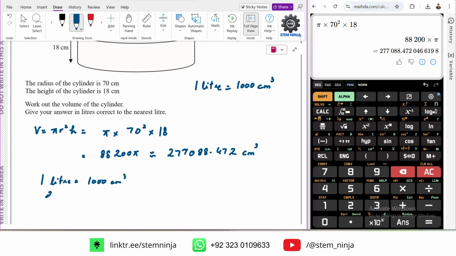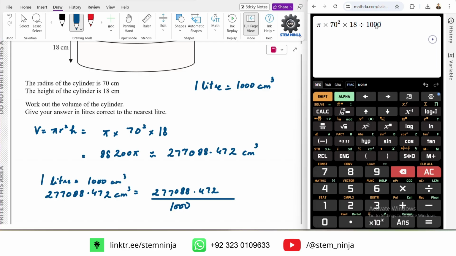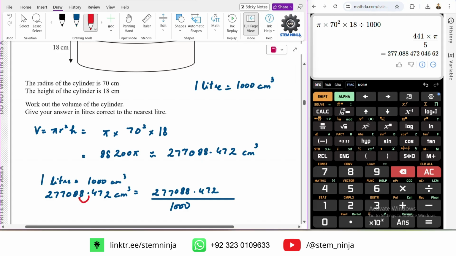So in liters, this would be 277,088.472 centimeter cubed divided by 1000. Actually, we just need to move the decimal point 3 places: 1, 2, 3.